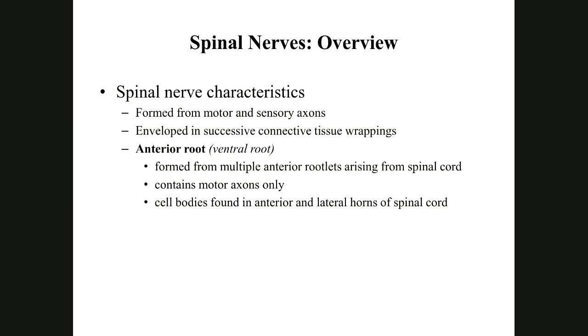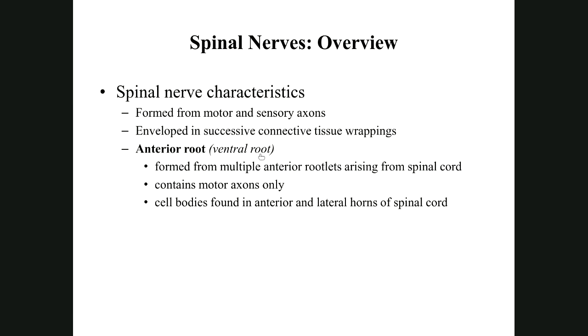I started to already mention this, that whenever we look at the spinal cord, what branches out of the spinal cord is actually a branch going in the front and going in the back, and actually going in the back and coming out the front is better for it. The component that is coming out of the front of the spinal cord is called the anterior or the ventral root.